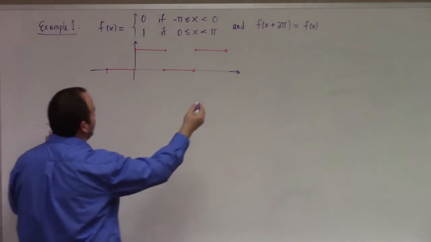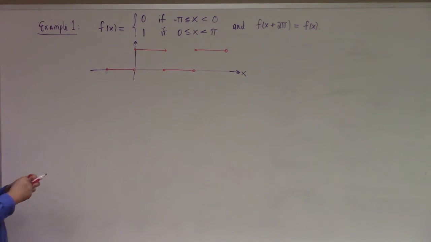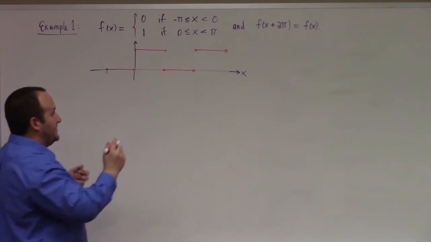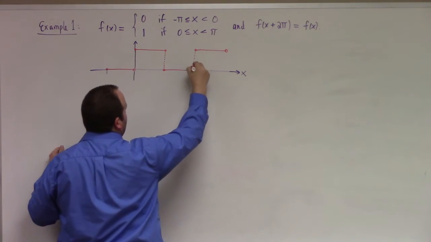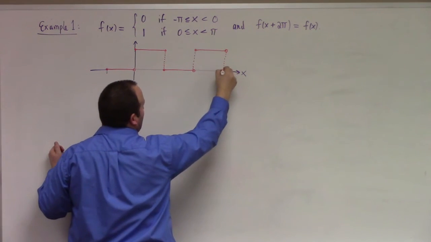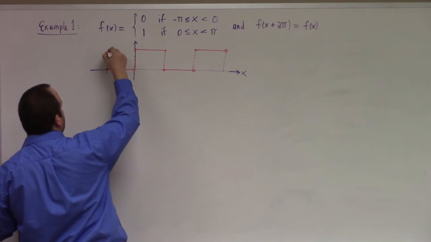Anyway, so this goes on. And the reason it's called the square wave, of course, is because usually we can't help ourselves but to draw these little dotted lines that aren't technically part of the graph, but then you can see why it's called the square wave, right? And so forth and so on.